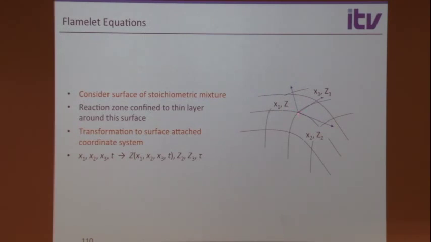Locally, we say x1 is normal to an iso-mixture fraction surface, and the other two go in the direction of this surface. And then we do a transformation from x to z, the mixture fraction, and z2, z3, and tau. These are the same, but as we said last time, you need to give them different names to make sure you're talking about different coordinate systems.